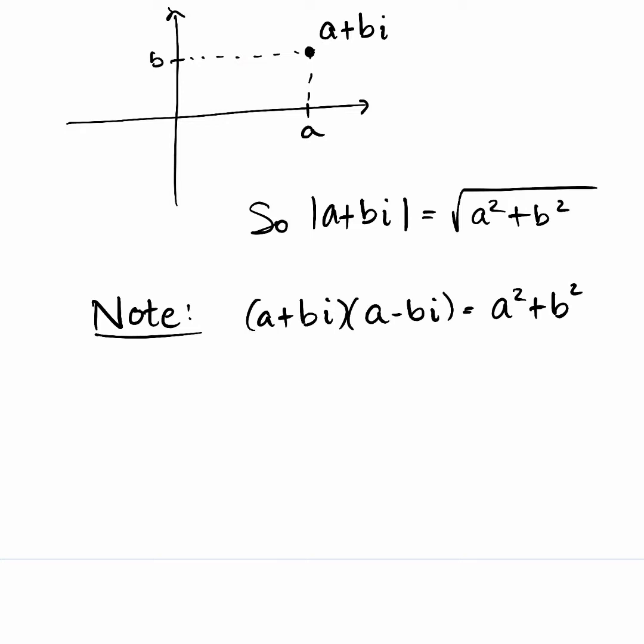And a squared plus b squared is nothing other than the absolute value of a plus bi, squared. So in the complex plane, if you're interested in figuring out the square of the magnitude, the square of the absolute value of a complex number, you simply multiply that number times its own complex conjugate.